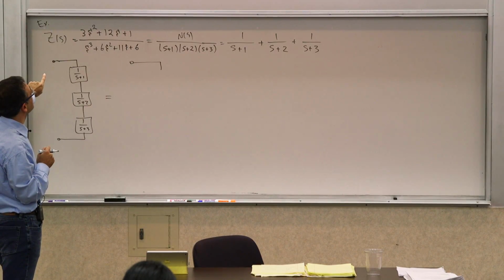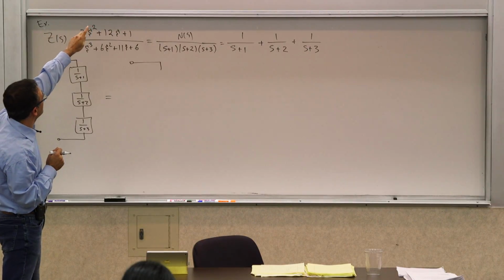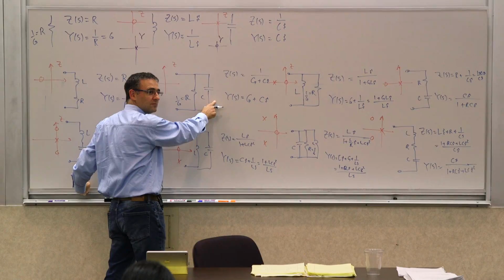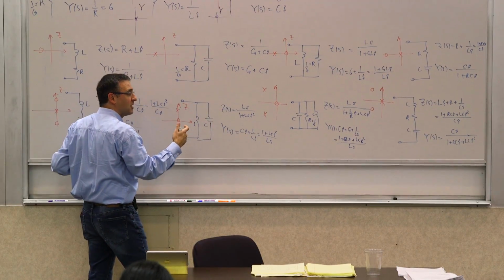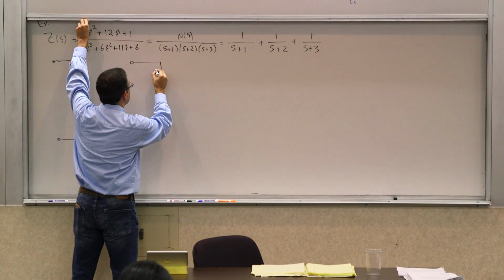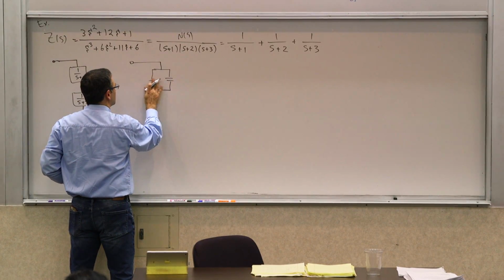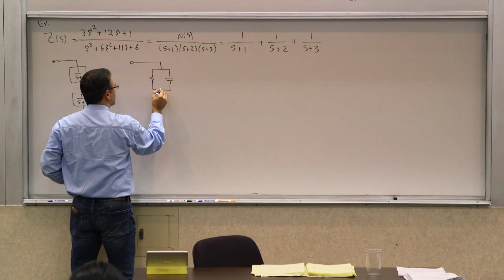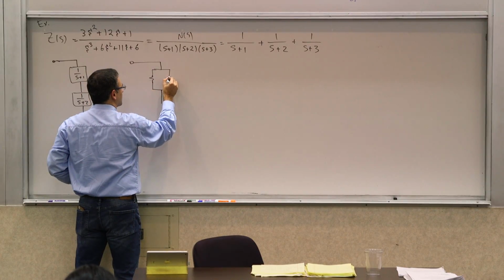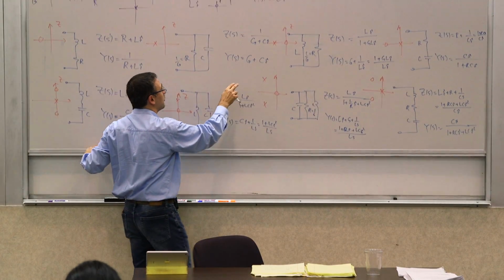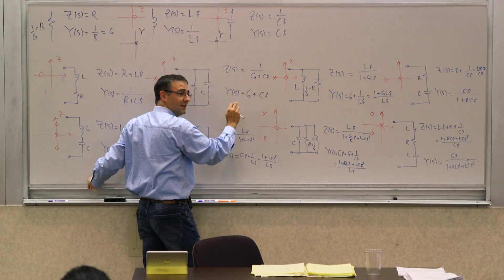Resistor, capacitor in parallel. Right, that one. Okay, so you're talking about this one. That's a good one. So what is the value of the resistor and what's the value of the capacitor for this to happen? You want this to be s plus 1, and you want this to be 1 and 1, right?